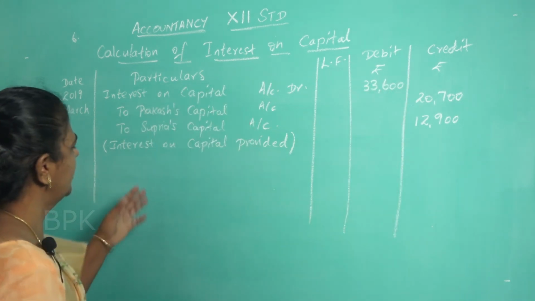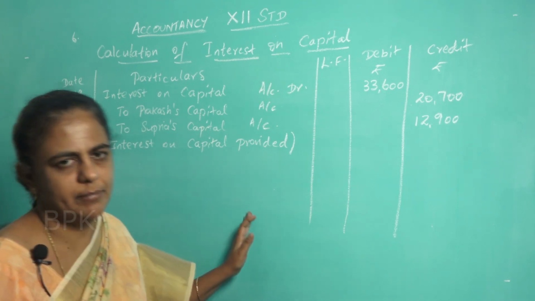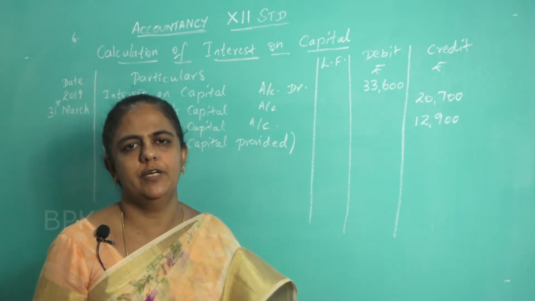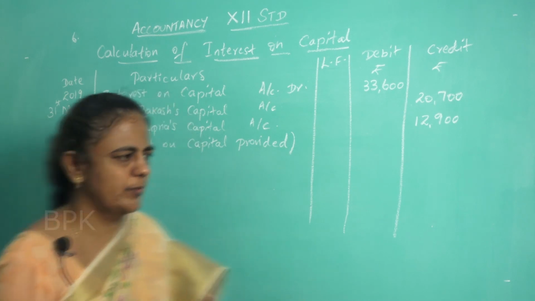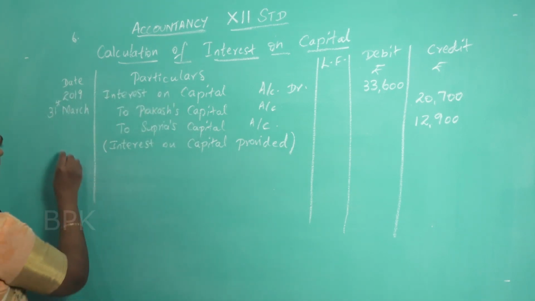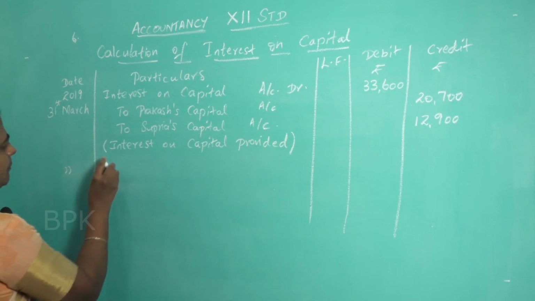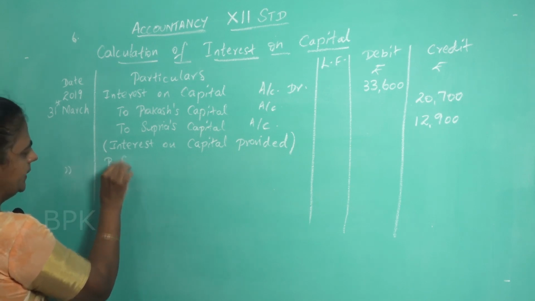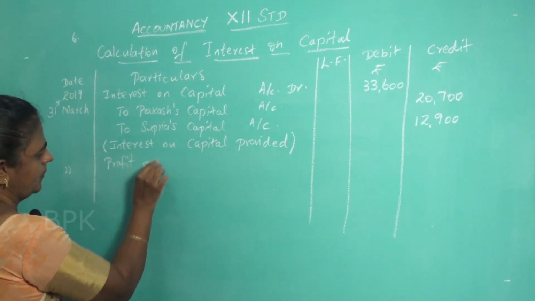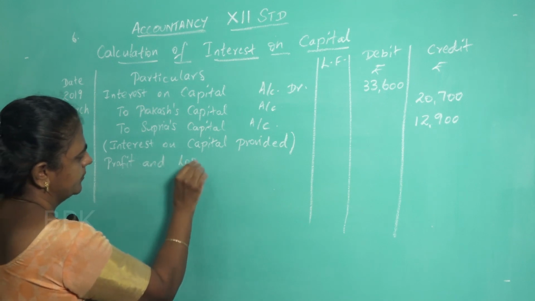Okay. Now what you have to do, this interest on capital should be transferred to profit and loss appropriation account. So when you take it to the profit and loss appropriation account, put the same date and write like this: profit and loss appropriation account debit, to interest on capital account.